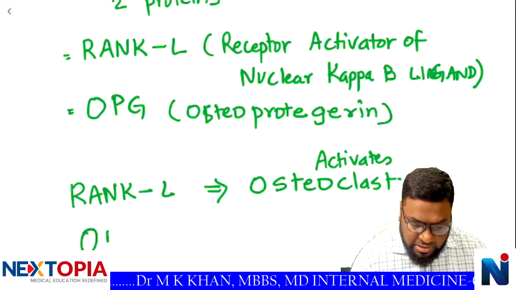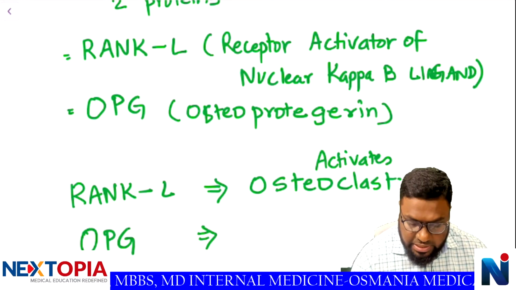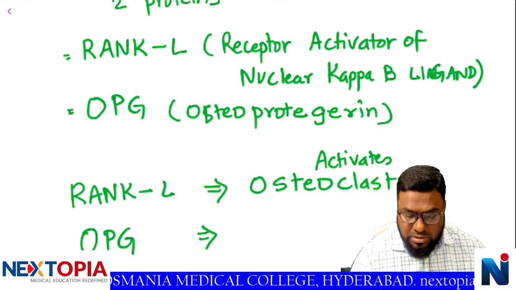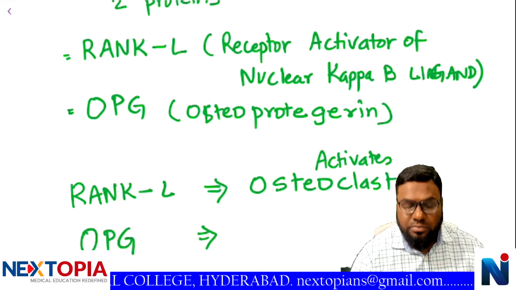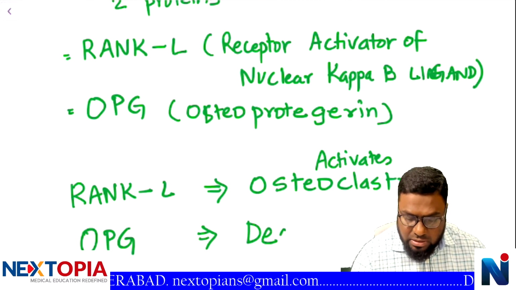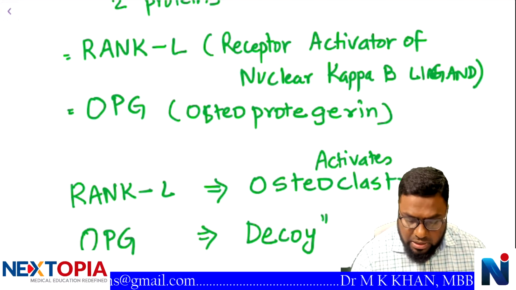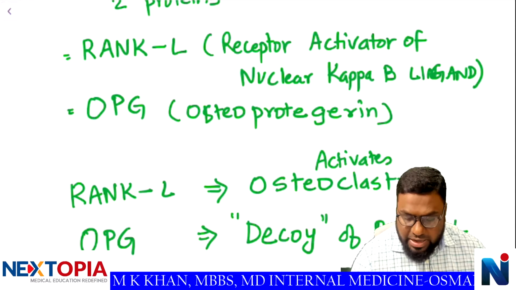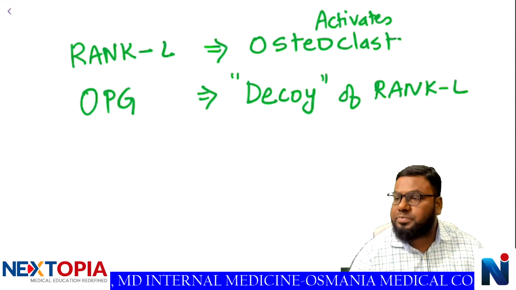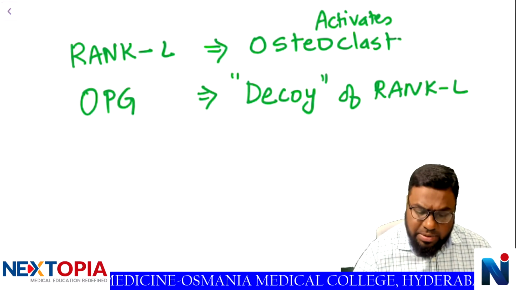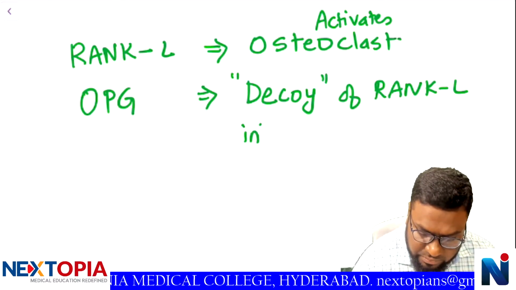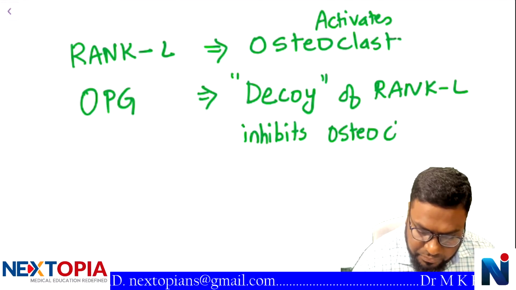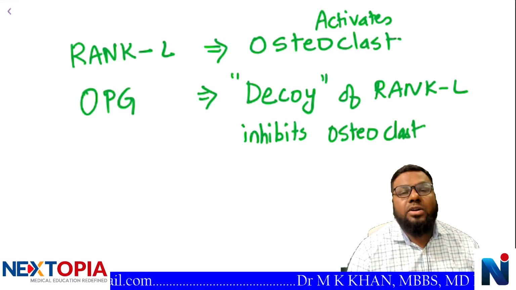Whereas OPG inhibits the osteoclastic activity. We call it decoy of RANK L, that is, it is opposite of RANK ligand. That is, it inhibits the osteoclast activity.